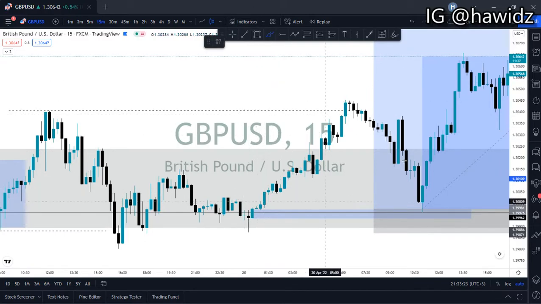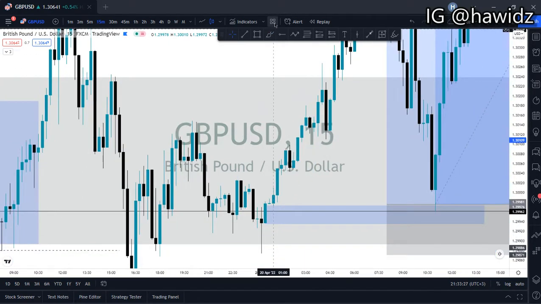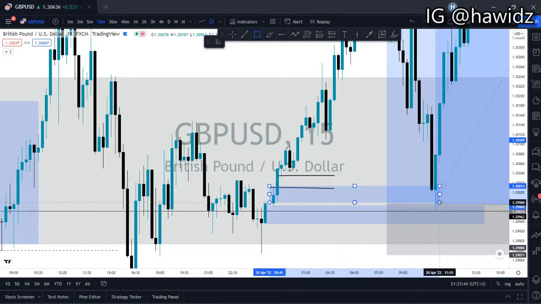We did have this right here, right? This here, we had this price gap here, and what lies below that price gap? It lies this little thing here as the hidden S&D zone, right?